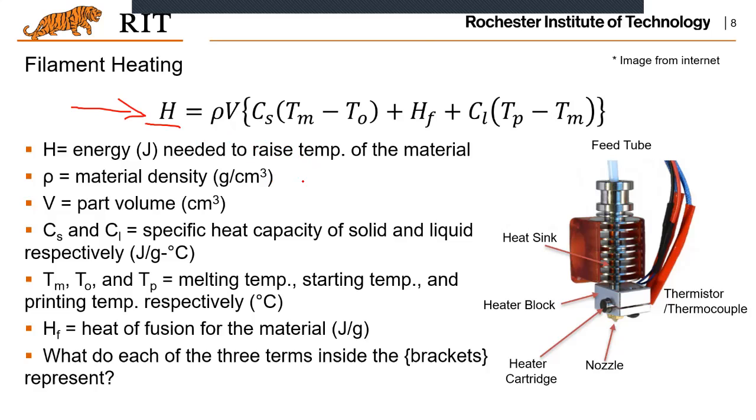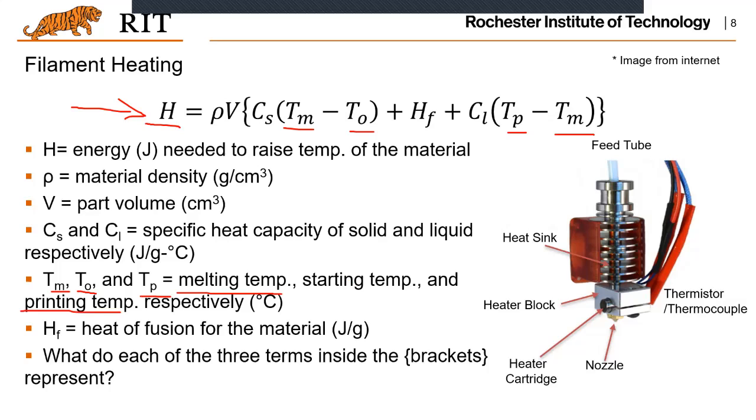Essentially, you will know these temperatures. As you can see here, Tm, T0, and TP. So Tm is the melting temperature of the material. T0 is the starting temperature. And TP is the printing temperature.